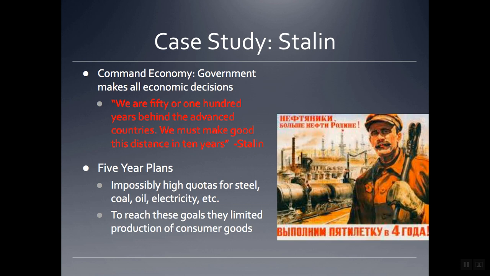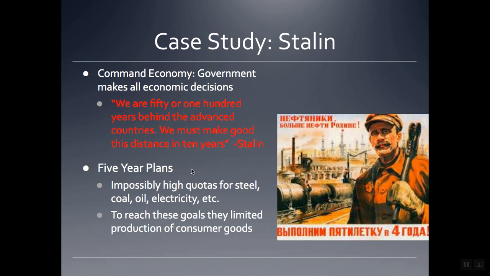So they limited the production of consumer goods. And this is what a totalitarian state can do. They're like, oh, yeah, maybe people need to shop for groceries, but instead of providing that service and allowing grocery stores to run, they're going to say, we're not going to focus on that right now. We're going to focus on the economy.